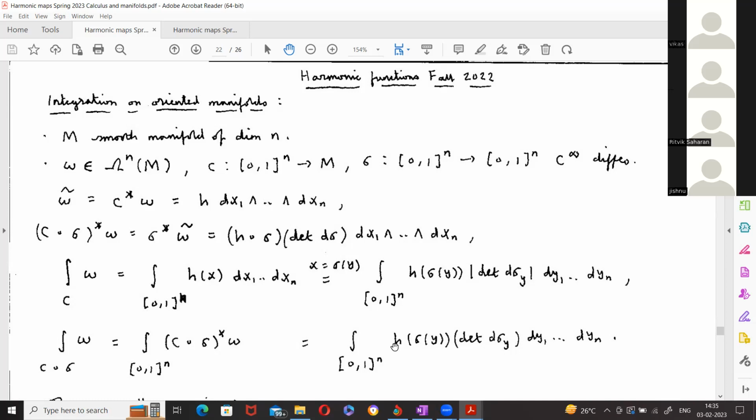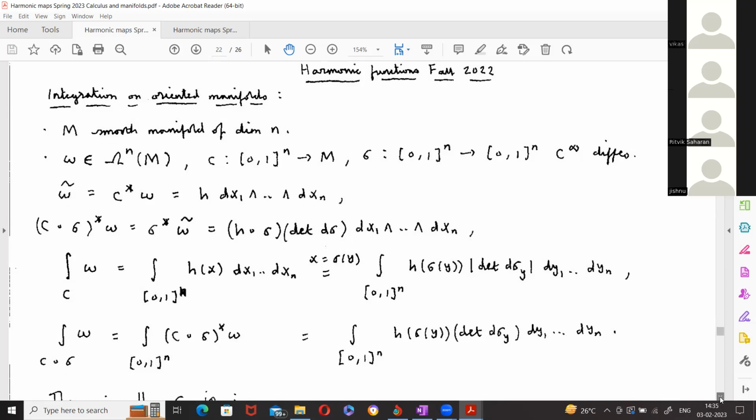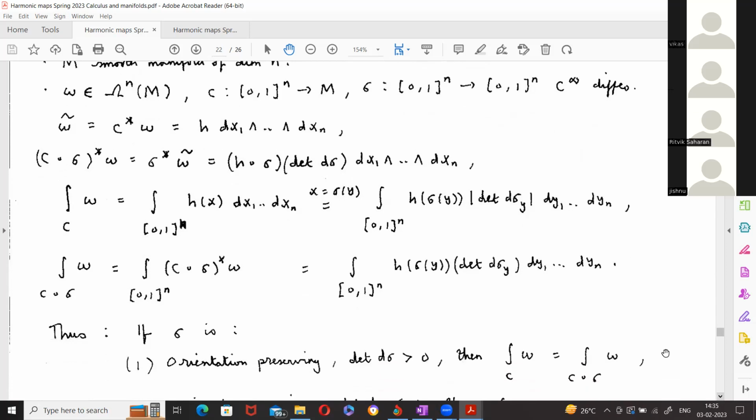So this will be the integral of h of sigma y, determinant of d sigma at y, dy1 ... dyn. So what do we see? We see that these two integrals are the same if and only if the determinant of d sigma is positive everywhere.